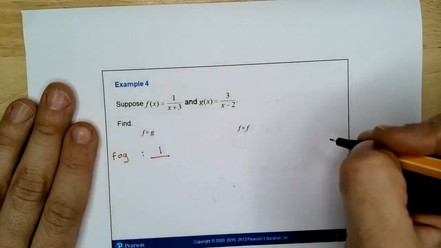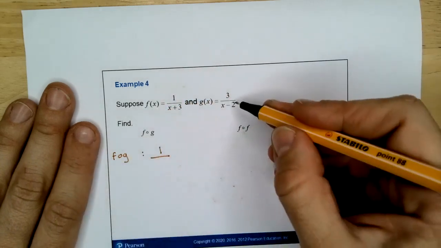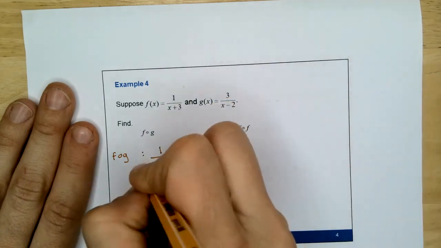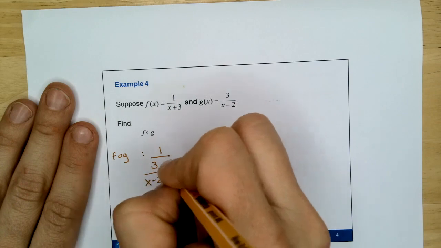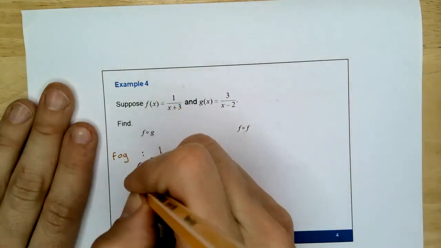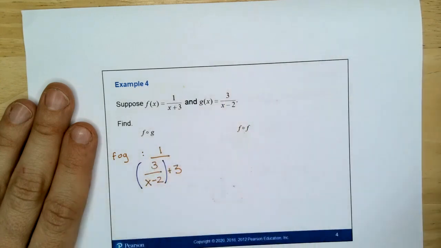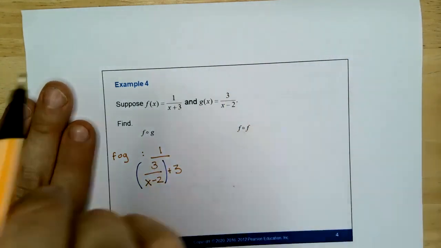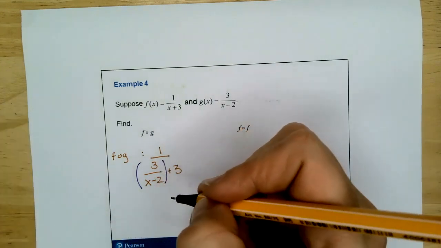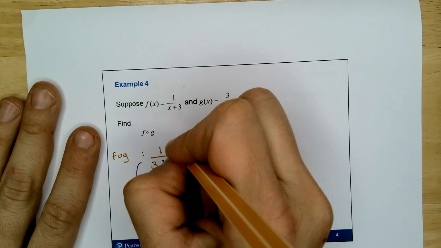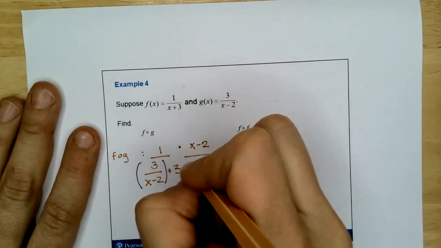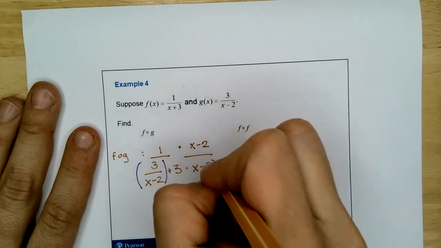F of g is 1 over x plus 3, but I'm going to put the g in for that x. 1 over 3 divided by x minus 2 plus 3, because this was my g, and I substituted it in for that x. Good? Take the denominator of your inner fraction and multiply both the top and the bottom of your fraction by that.